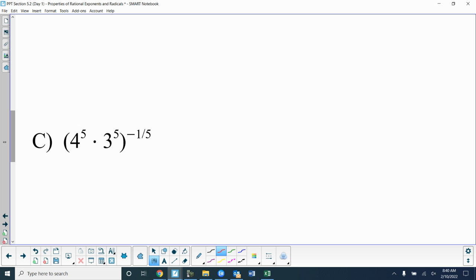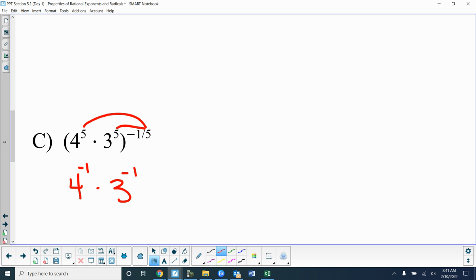Same idea here. What's 5 times negative 1/5? Negative 1. Now, are we allowed to leave negative 1 there? No. We want our answers, when we're simplifying, our exponents to be positive.